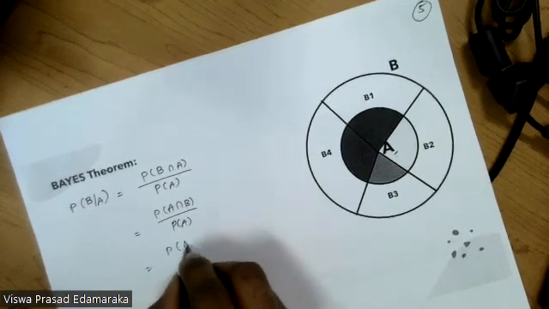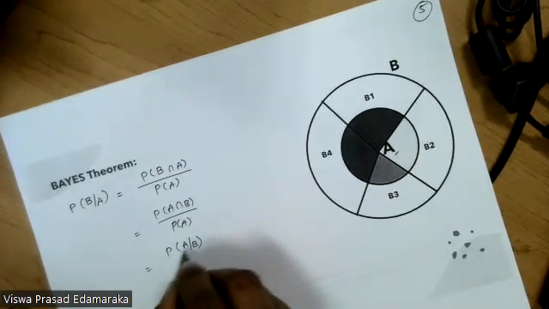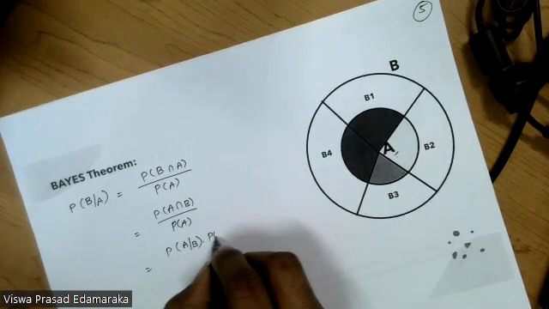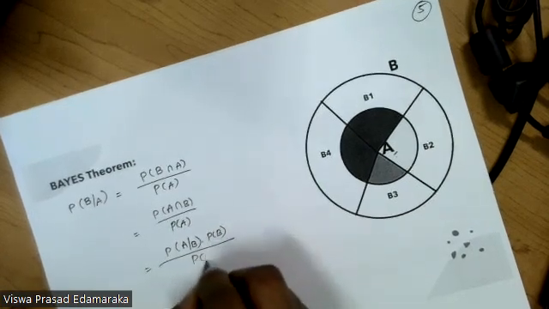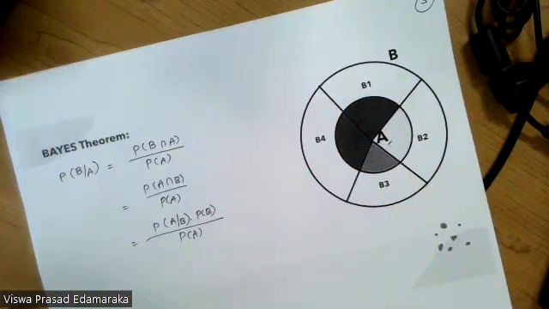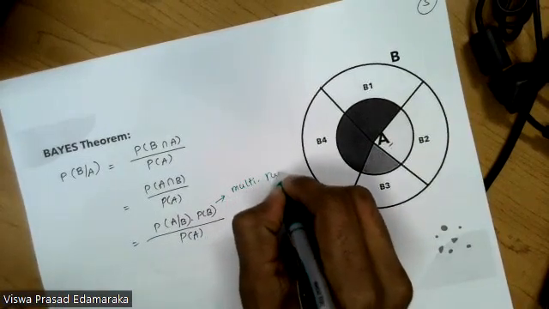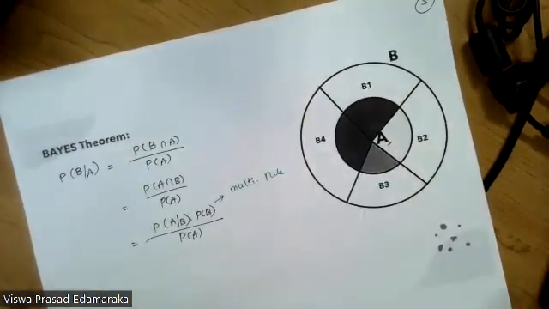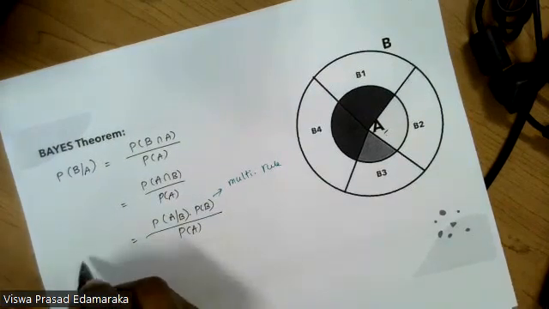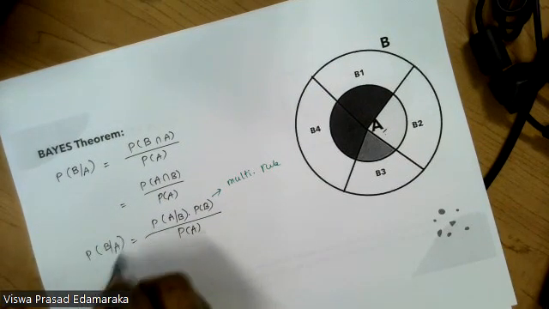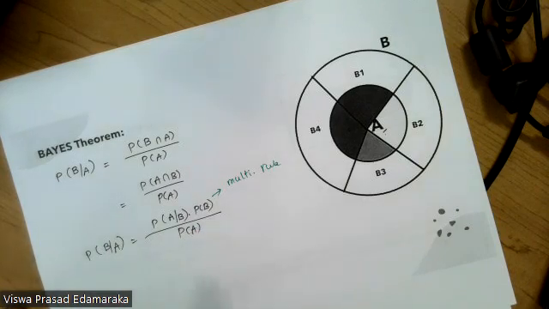From the multiplication rule, P of A given B into P of B divided by P of A. So this is from the multiplication rule, as we discussed earlier. So B given A. This is Bayes theorem.